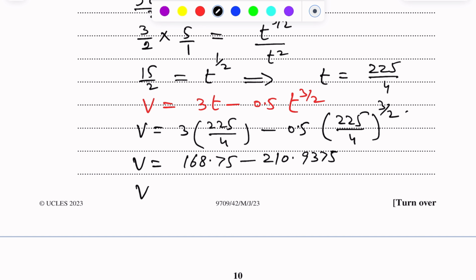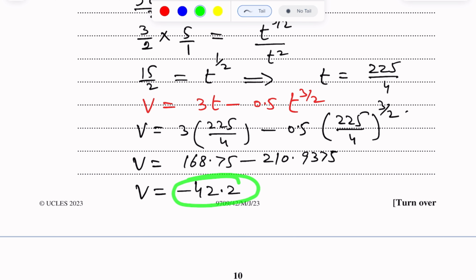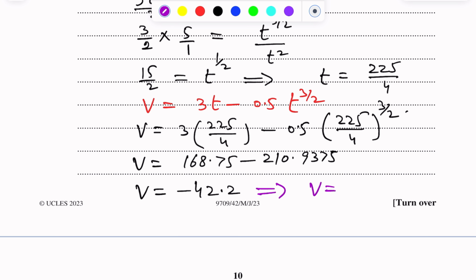Now finally we get v is equal to negative 42.2 meter per second, but we will take only the magnitude of the speed. We are not taking this negative sign. We just show that the speed is 42.2 meter per second.